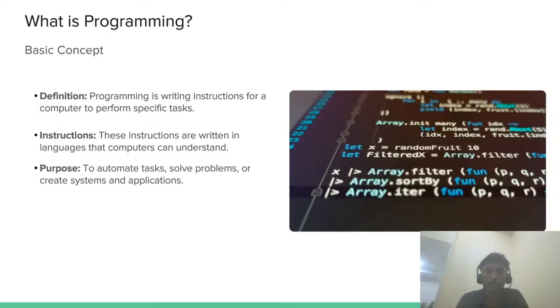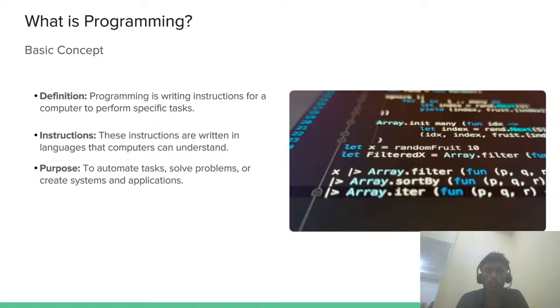You write instructions to perform specific tasks. Now, with more usage of AI, you write some code and do automation for it, and it will run automatically without any human interaction. These instructions are written in a language that the computer can understand.